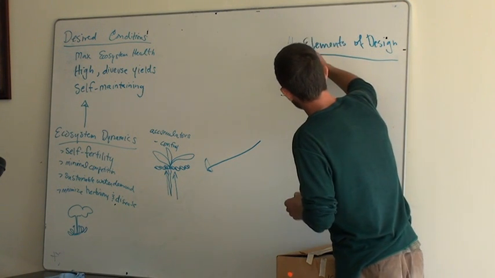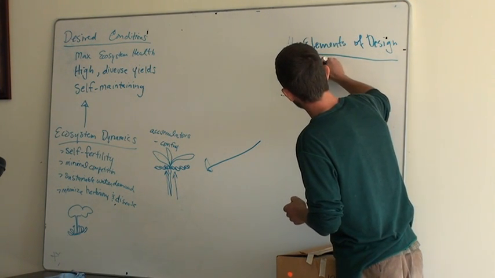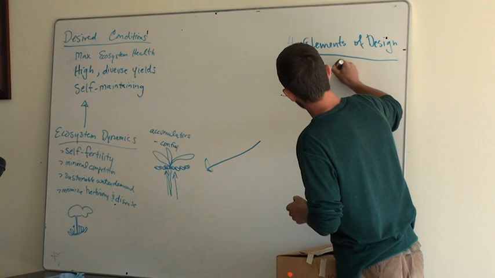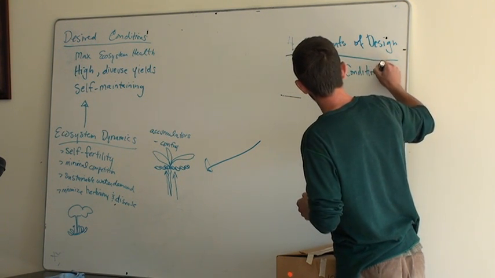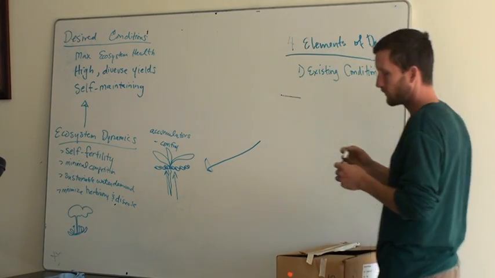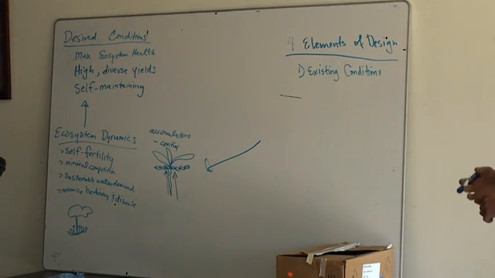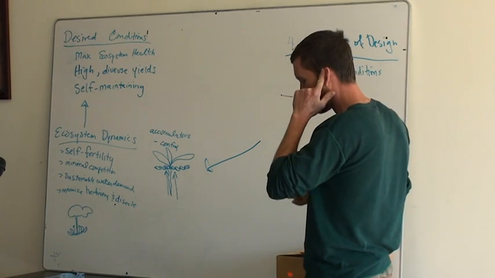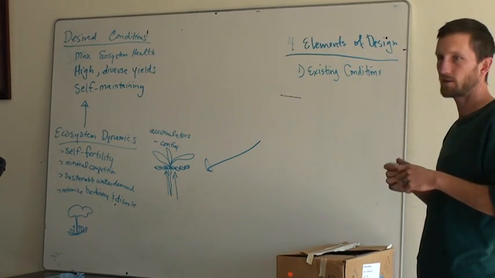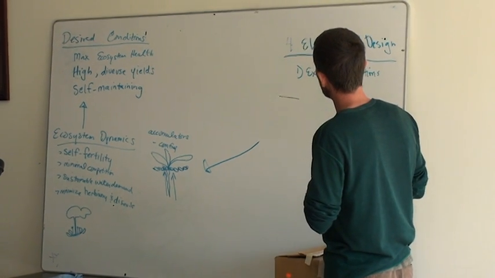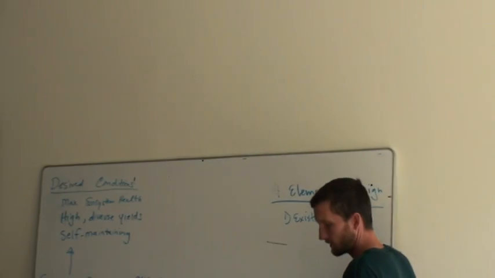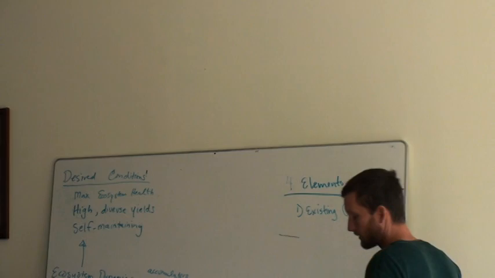So this is the existing conditions. Those are the things we've been talking about that include the climate, the slope of the land, water, the soil, all of the vegetation, the animals, all of the things on the site that you're going to want to get out and look at.